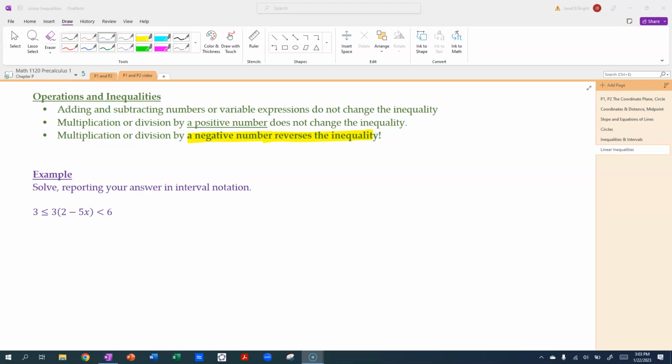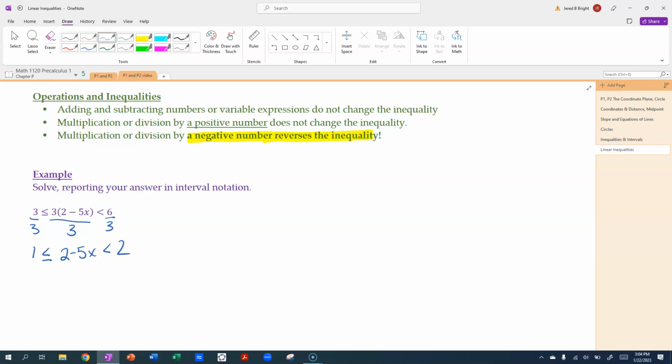So what should I do first? Honestly, it's a matter of opinion. I notice that there's a 3 here, and a 6. All of those are divisible by 3, so let's divide each part of the inequality by 3, and I would get 1 less than or equal to 2 minus 5x is less than 2.